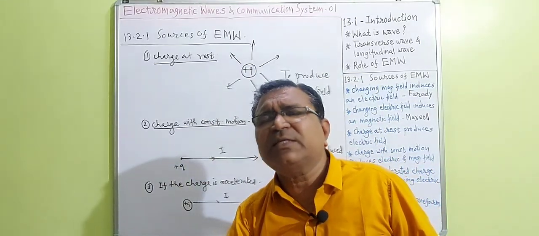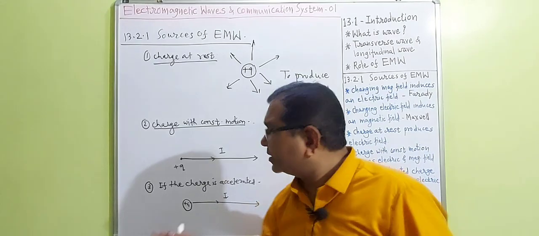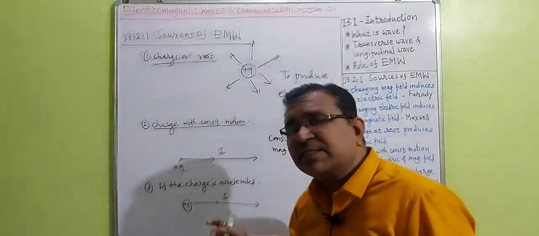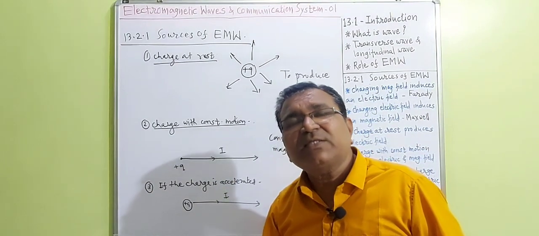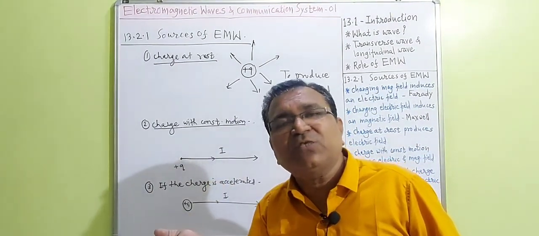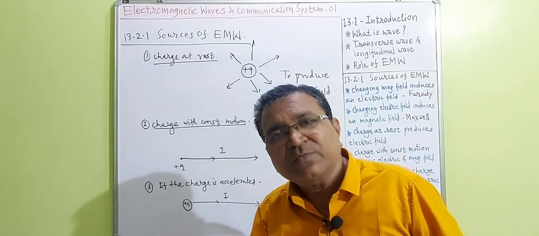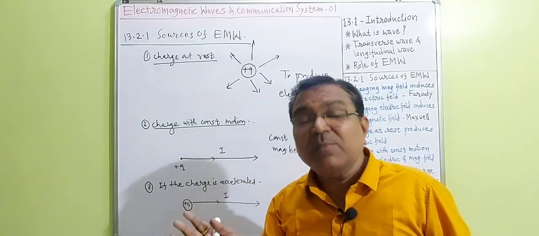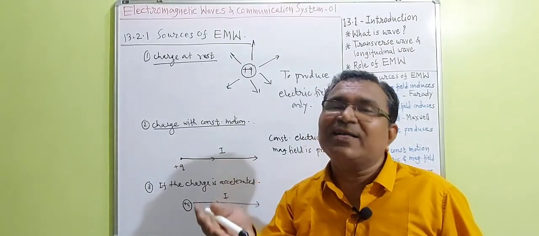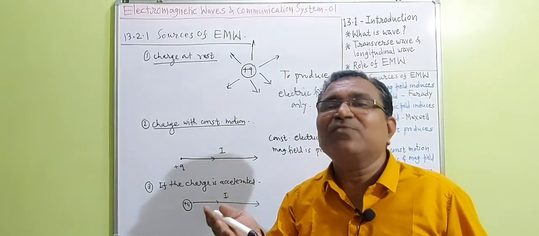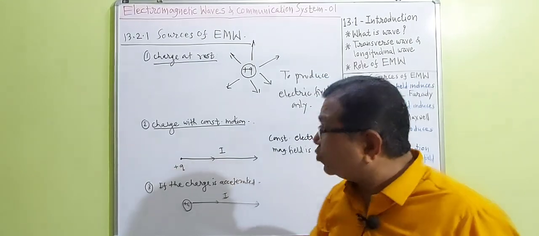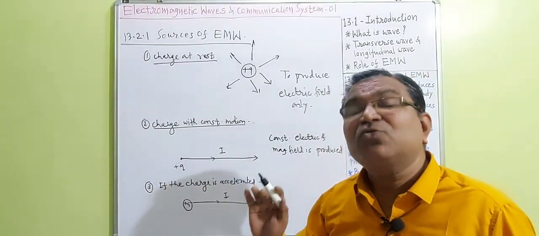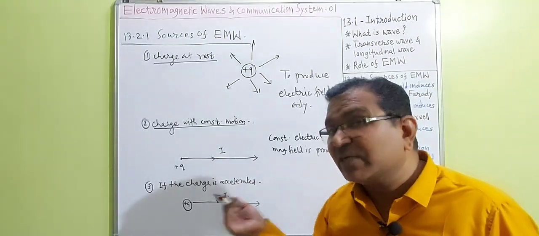Very important sentence, dear student. In the third case, as soon as the charge is accelerated, velocity continuously changing with respect to time, no doubt we get electric field and magnetic field, but we get time varying electric field and time varying magnetic field due to the acceleration of the charge, or due to the accelerated charge. That I will write here.